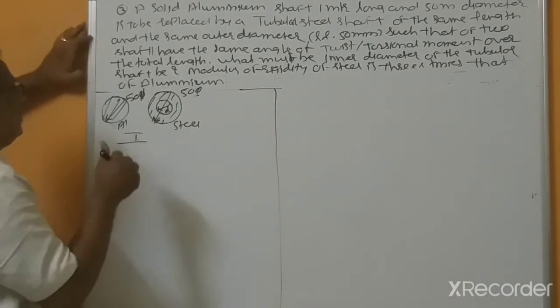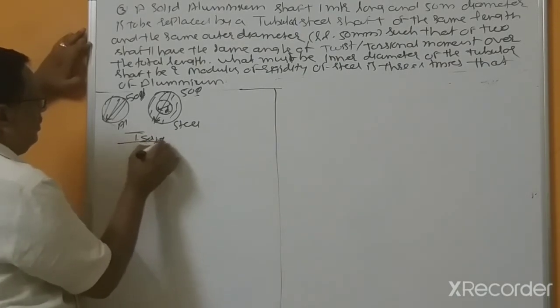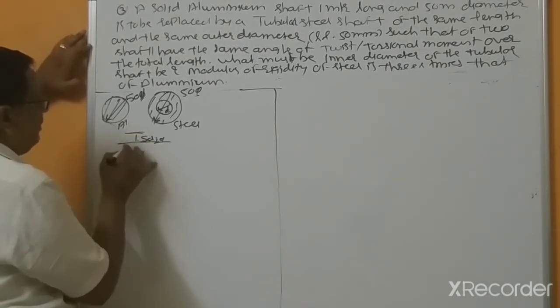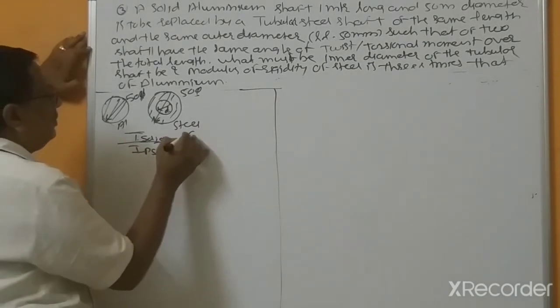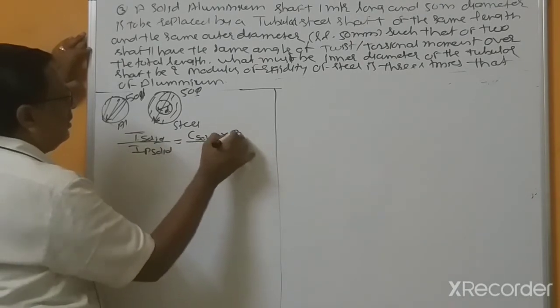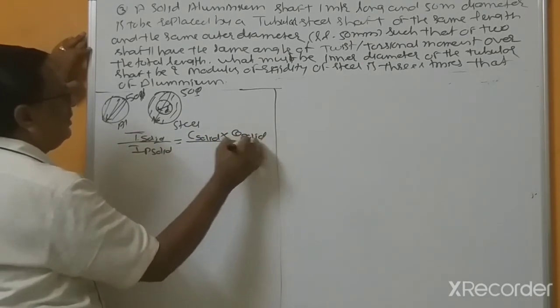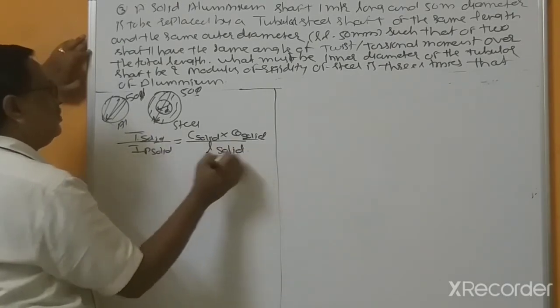So torque that is to be transmitted for solid, divided by IP solid, equal to C for solid shaft and this length of the solid.